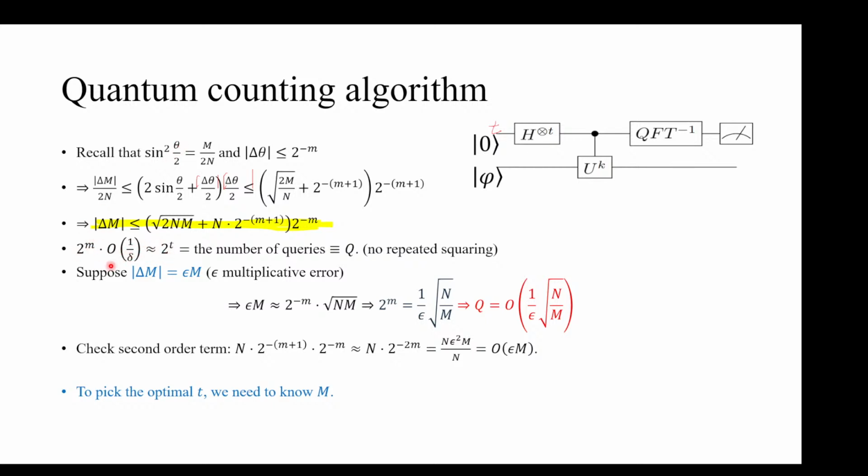If you fix delta to some constant probability, then 2 to the t is about order 2 to the n. So the number of queries is about 2 to the n.